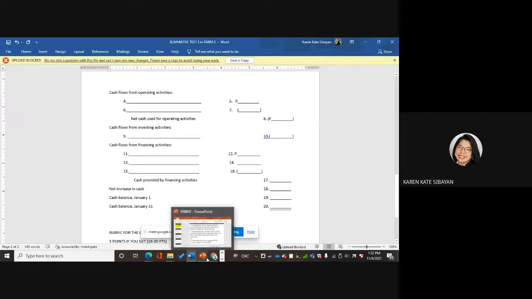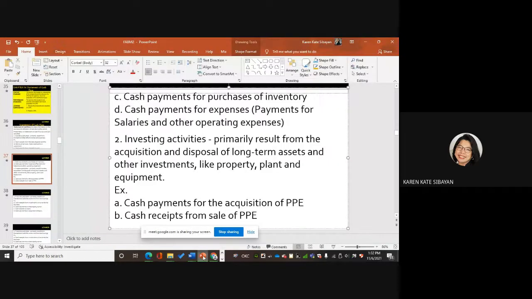So, anong accounting title ang ilalagay para ganon? Anong ilalagay na word? So, kanina, anong sabi natin dito? Payments for salaries and other operating expenses.